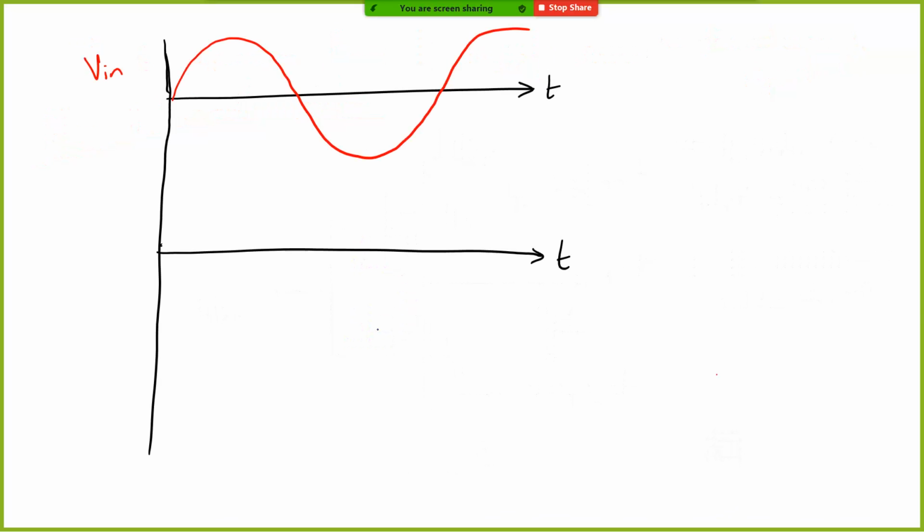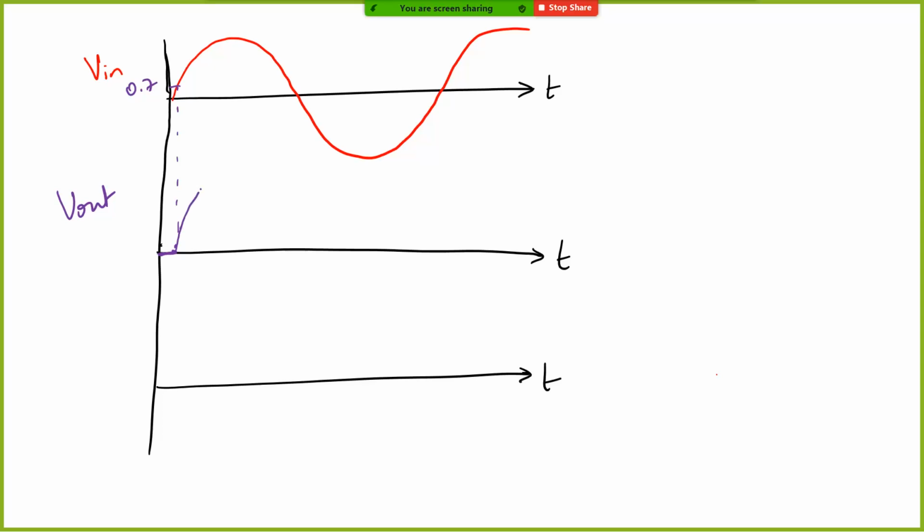And therefore my Vout, till it reaches 0.7, there is no output.